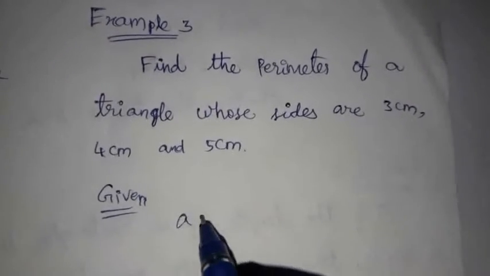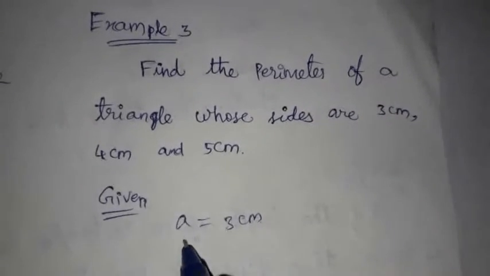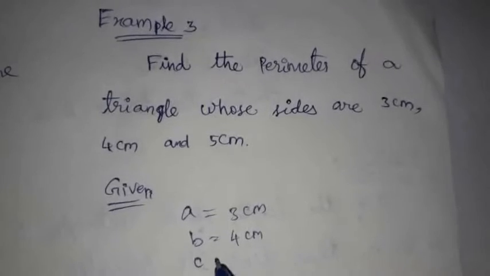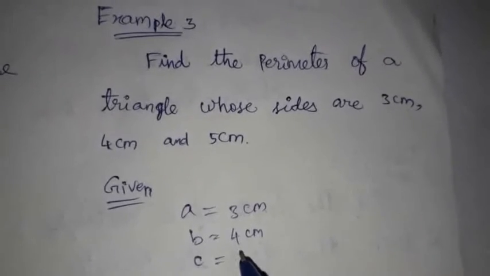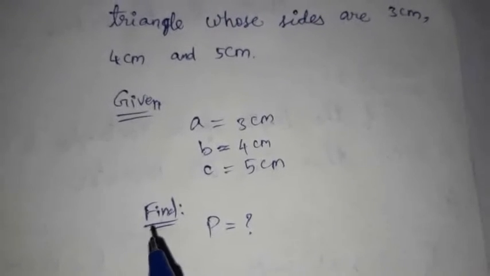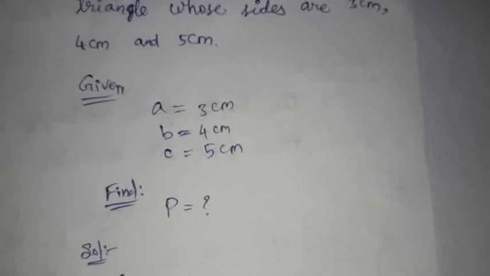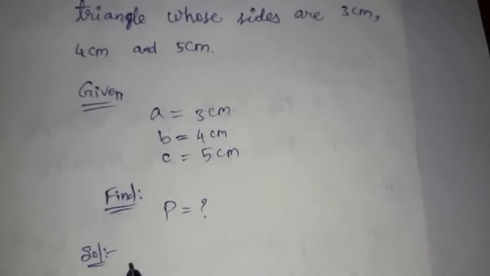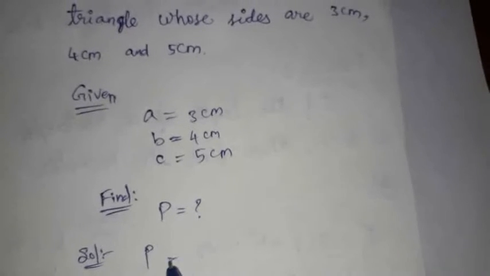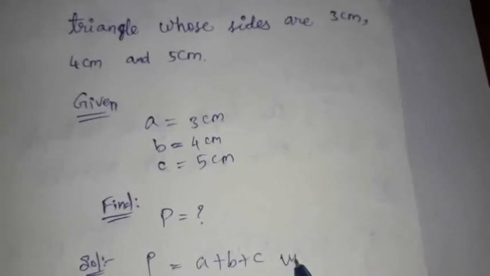Let us take first side A equals 3 cm, second side B equals 4 cm, and let us consider the third side C equals 5 cm. We have to find the perimeter of the triangle. Let us see the solution. We know the formula of the perimeter of a triangle. Capital P equals A plus B plus C units.